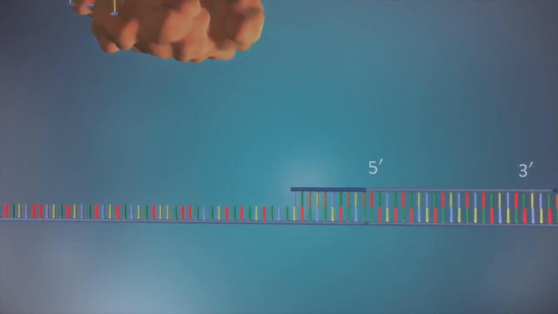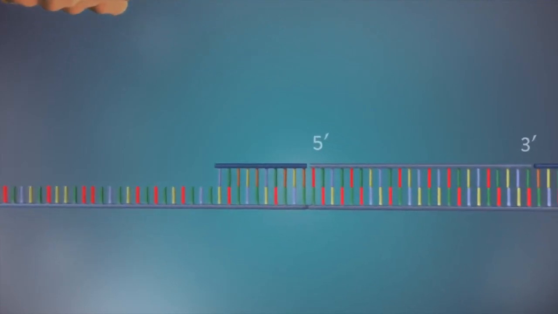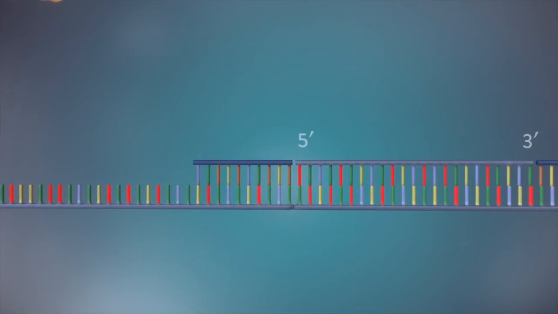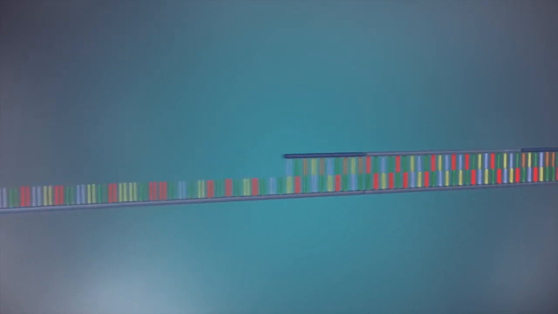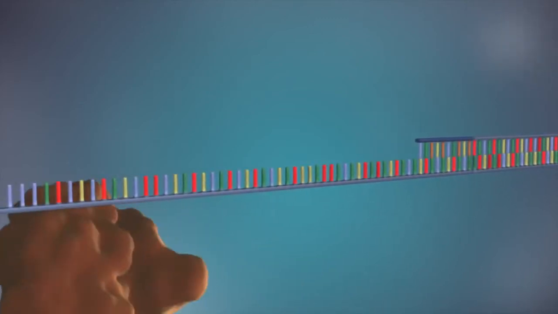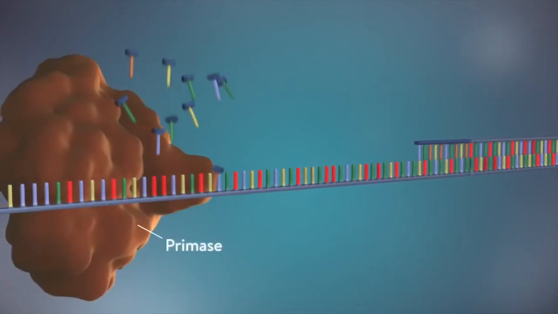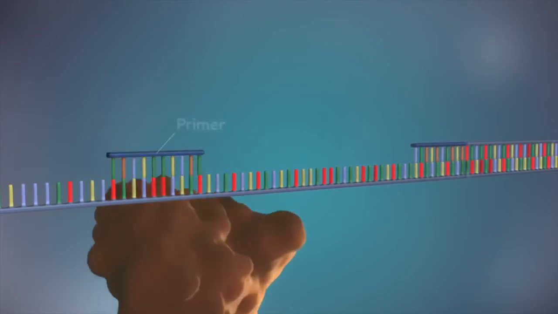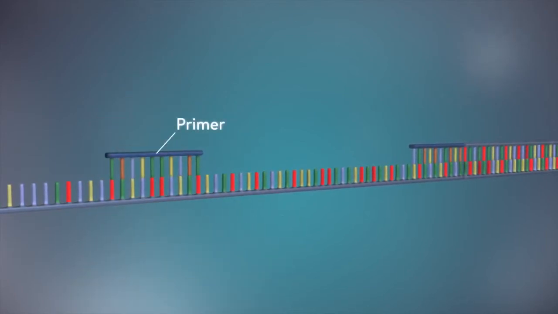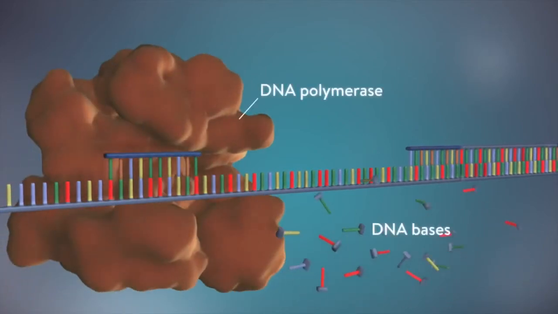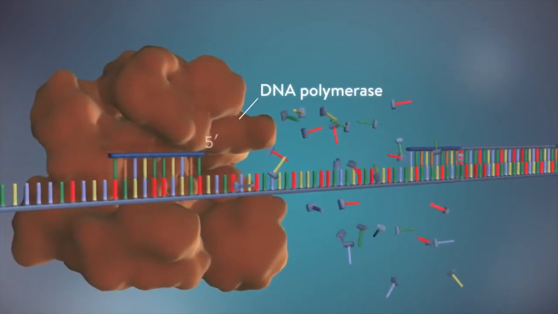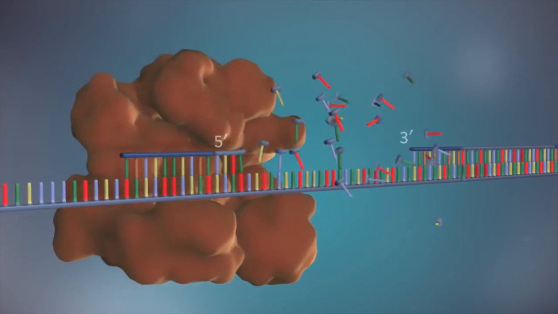The DNA polymerase can therefore only make this strand in a series of small chunks called Okazaki fragments. Each fragment is started with an RNA primer. DNA polymerase then adds a short row of DNA bases in the 5' to 3' direction.